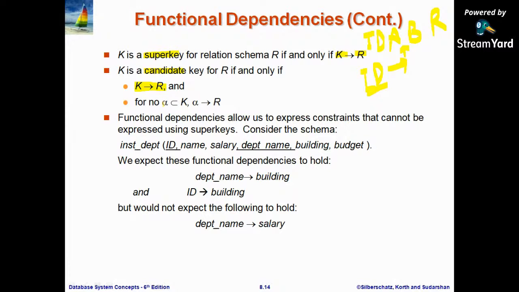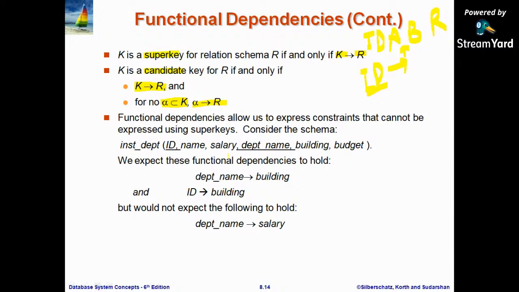In the second condition, no subset of K should also uniquely identify every row, that is, alpha tends to R should not hold for any alpha that is a subset of K. Then it will be a candidate key. So with the candidate key, you need to check two things: one is K tends to R, and second is that no alpha which is a subset of K determines R.